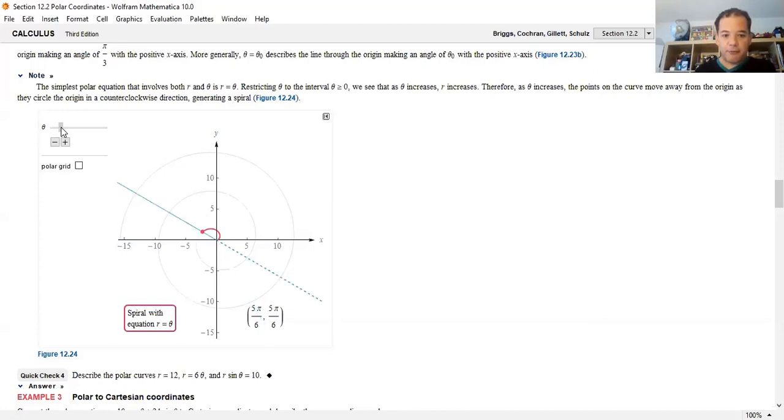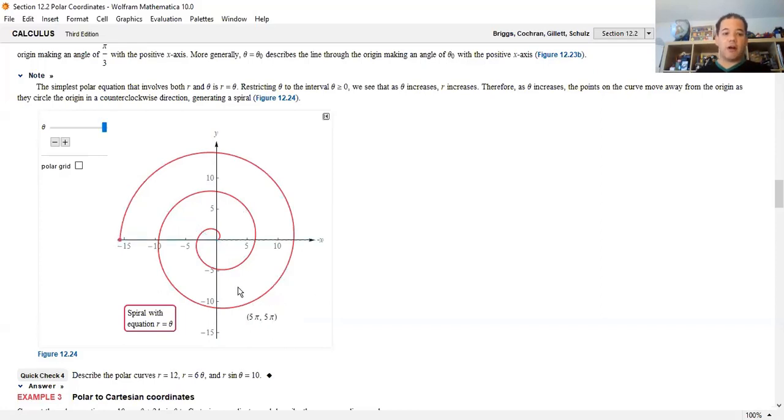So this is, for example, 5 pi over 6, and how big it is, and so on, right? That's what happens as you move it along. It starts drawing this nice and beautiful ellipse. So they stopped it right here at 15, but it doesn't stop right here, right? It keeps going. So it's an infinite ellipse, not ellipse, sorry, spiral, right? Don't let this fool you into thinking that it doesn't continue, right? It keeps going and going and going. All right?